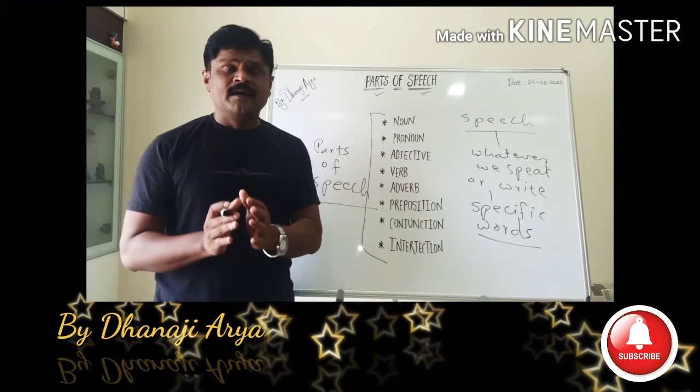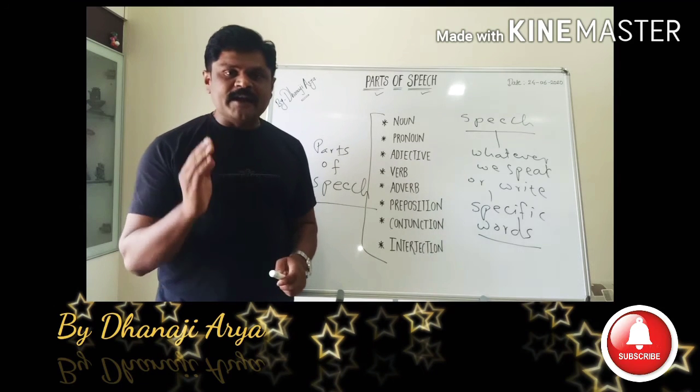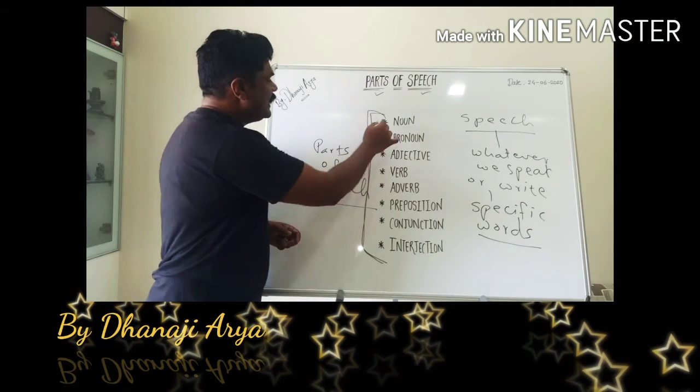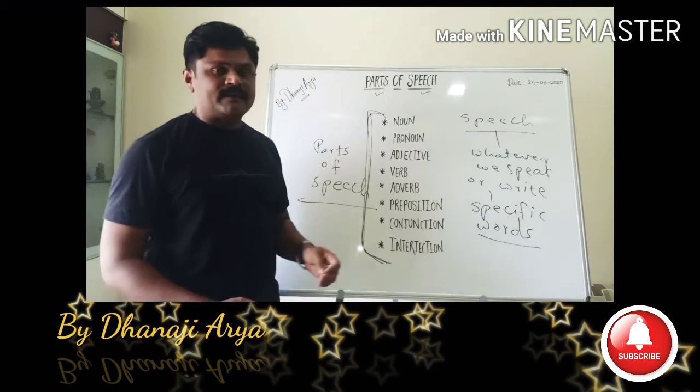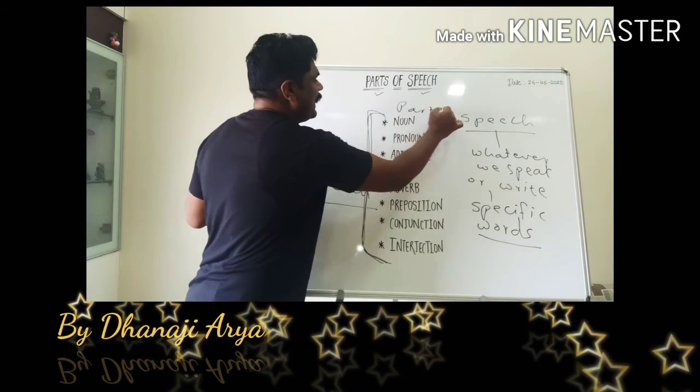So my dear friends, whenever we want to speak or whenever we want to write, there is the need of these 8 parts. 8 parts means these are the parts of language.